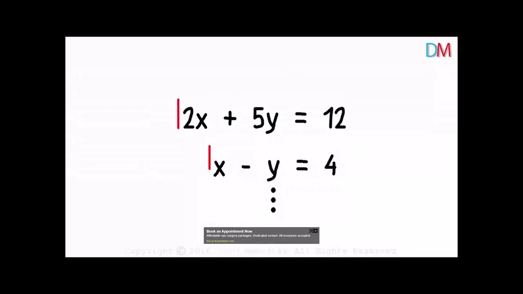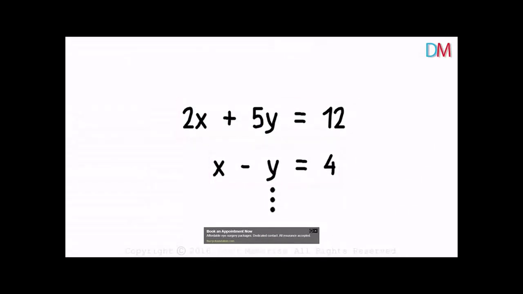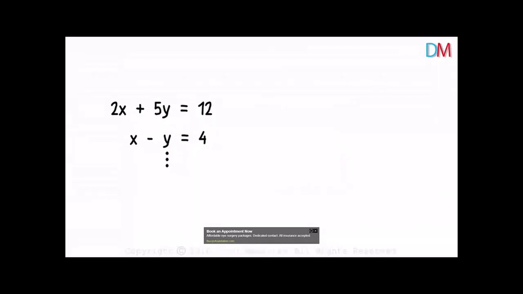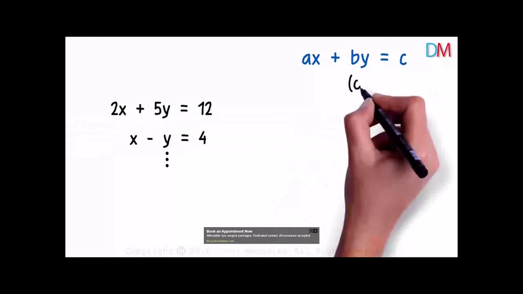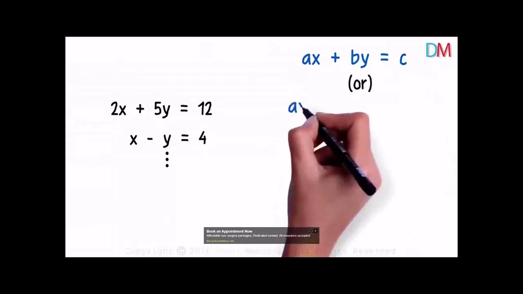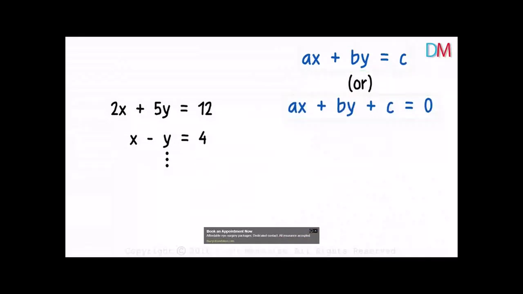But how do we generalize it? We can say that a linear equation in two variables is of the form ax plus by equals c, or sometimes it's also written as ax plus by plus c equals 0. Both are correct. For example, the first equation can also be written as 2x plus 5y minus 12 equals 0.